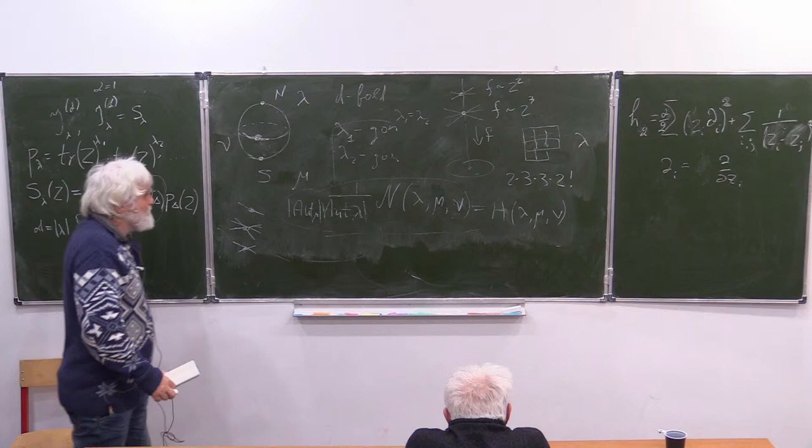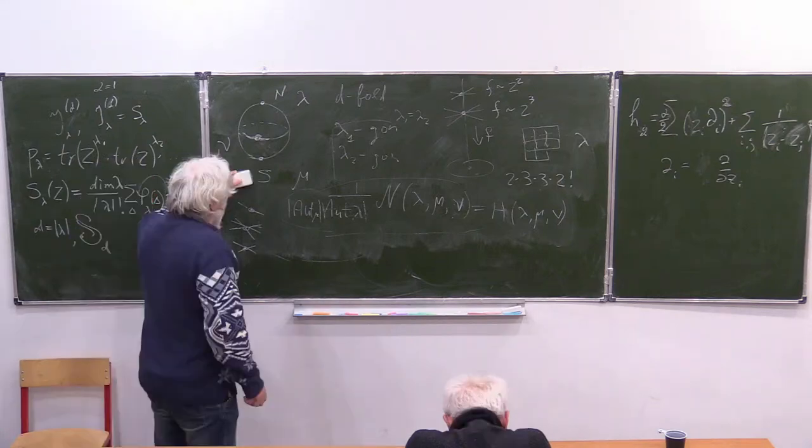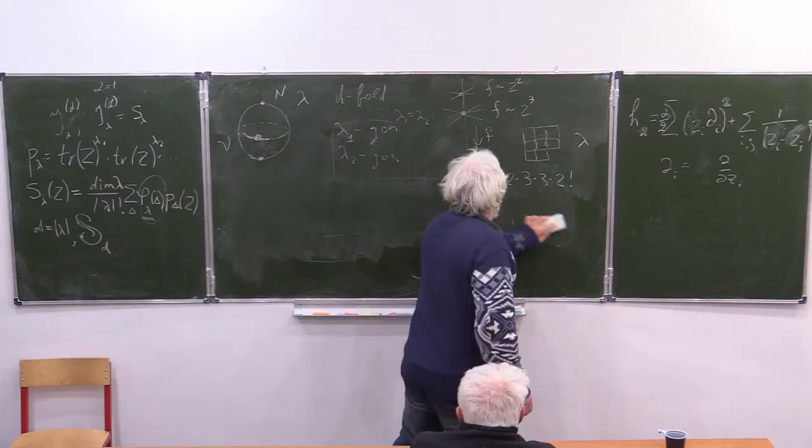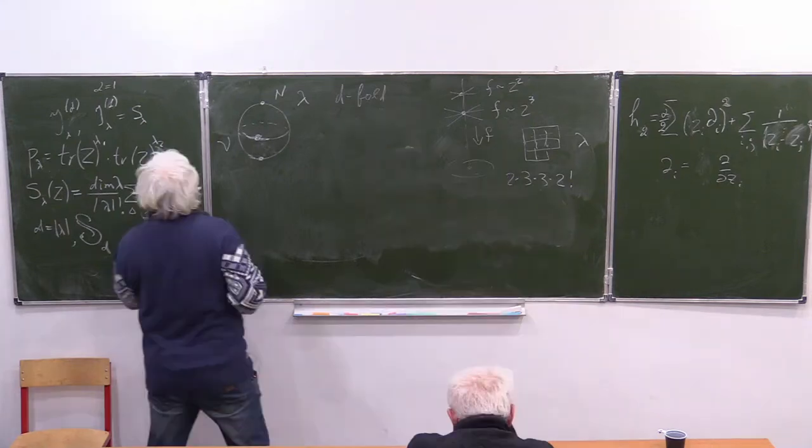Now, let us turn to some picture related to it. Consider some complex matrix Z, n by n. Now Z will be Hermitian, and A, B are in GL_n(C).